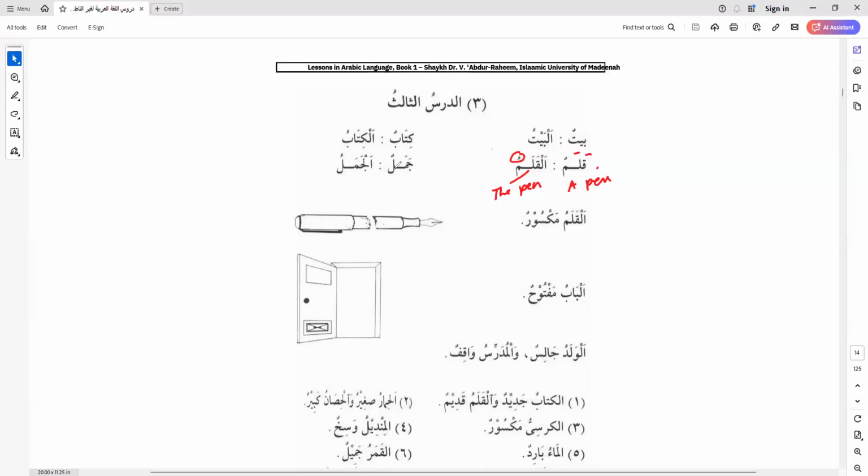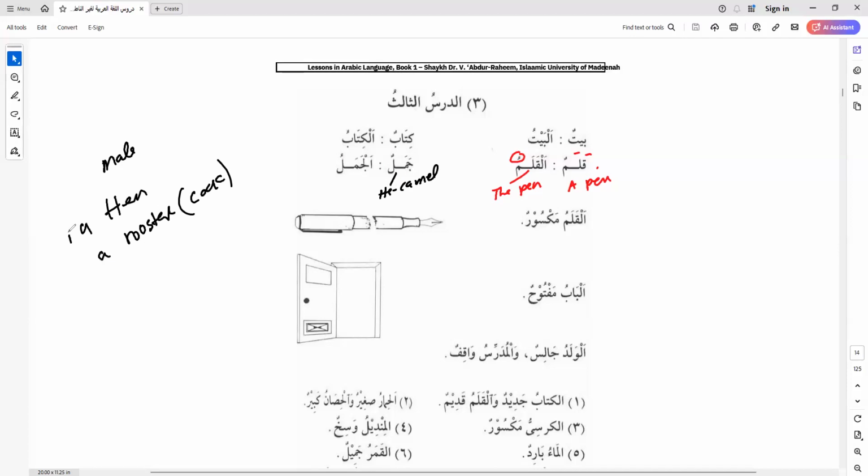And then we have jamalun. Jamalun is a he camel. It's very important. You hear some people say camel, but Jamalun is the he one. That's the male, right? It's like in English, we have a hen and a rooster, or cock.